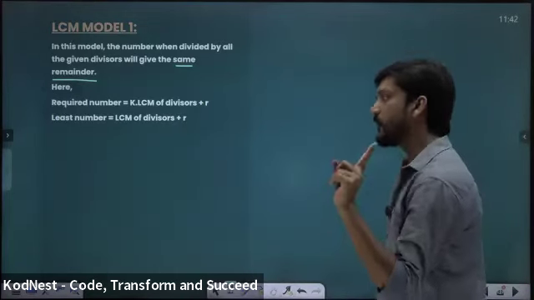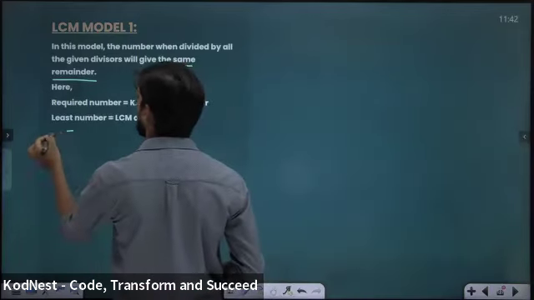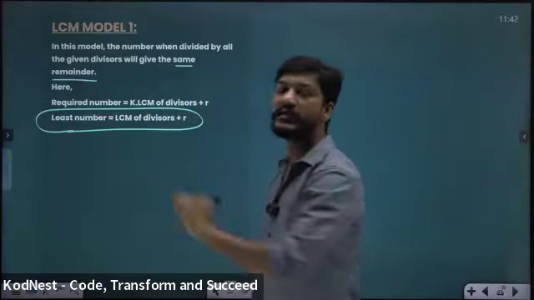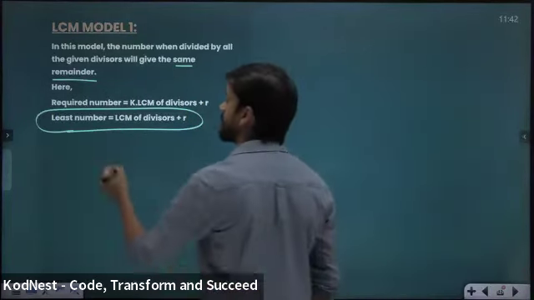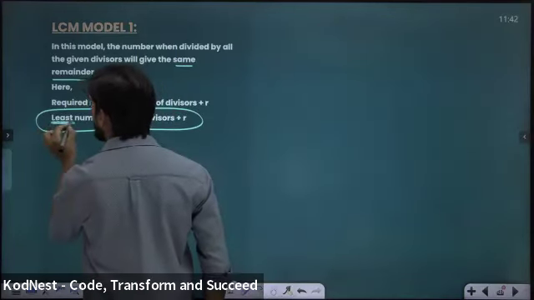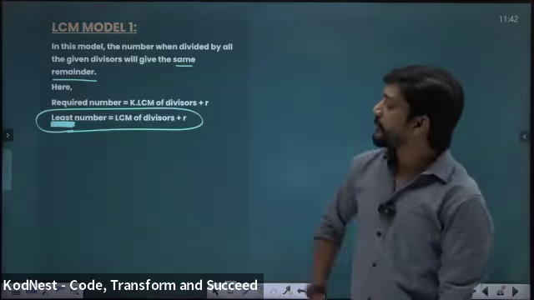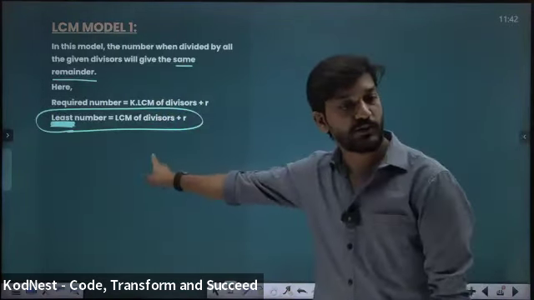Okay. Now, for one case, only for one case, I will apply the formula and I will calculate the LCM also. For one case, the case is if they ask you the least value. If they ask anything else, not the least one, if they ask least value, I will do this.